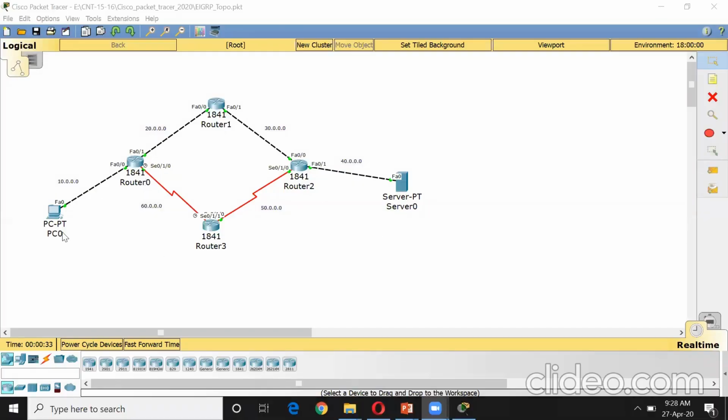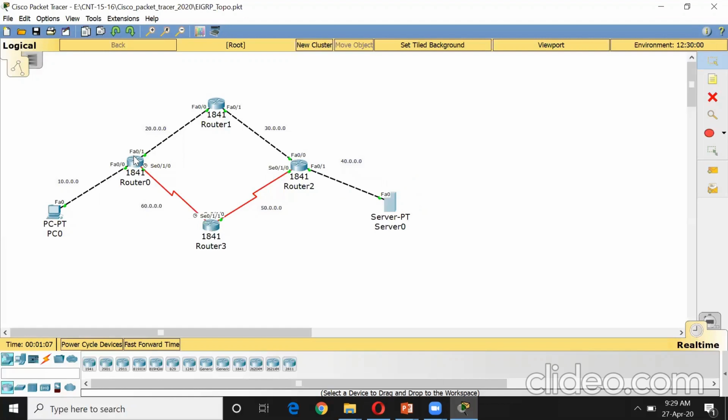So you can see here now I have given IP addresses to these PCs as well as router interfaces, and we are going to configure the EIGRP protocol here. Design is already given, so there are total number of networks 10, 20, 30, 40, 50 and 60. So you can notice here that only one PC is connected, then 10 network, and we are going to see whether this transmission is successful by using EIGRP.